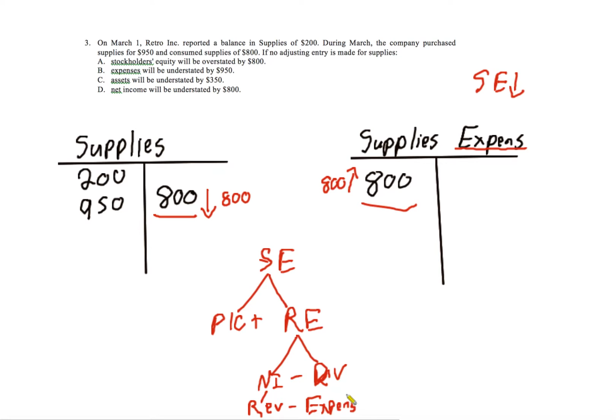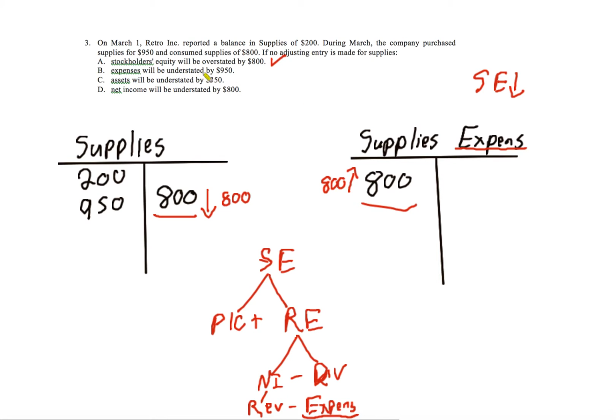So if we failed to recognize an expense, that's going to overstate our net income. And if our net income is overstated, our retained earnings is overstated. And if our retained earnings is overstated, our stockholders' equity is overstated. So option A makes sense. Our stockholders' equity would be overstated if we didn't recognize this expense.